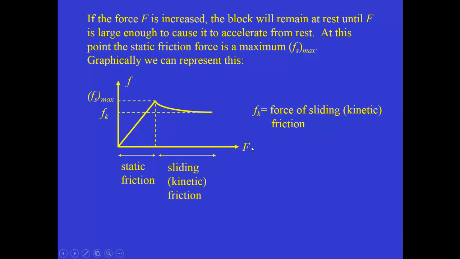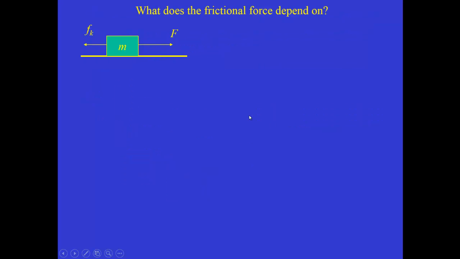As the applied force increases, the static friction force matches it, and it's in the opposite direction, but with equal magnitude, until it gets to a maximum value where the object now begins to move. So on the left-hand side of that dotted line, we'll call this the regime of static friction. Now once it begins to move, when we have an applied force that's greater than this critical value, it begins to slide, and there's still friction, but we'll call that now kinetic friction or sliding friction. And F sub k is what we'll use for that.